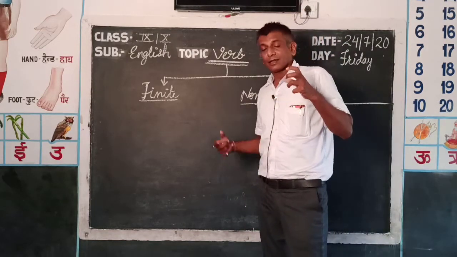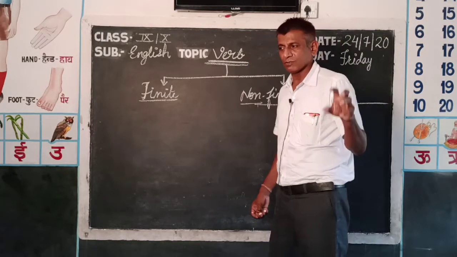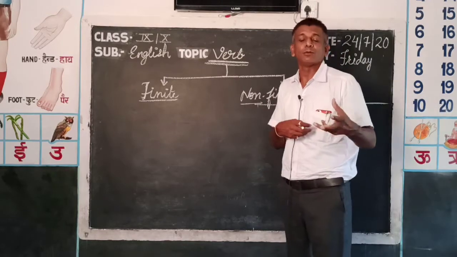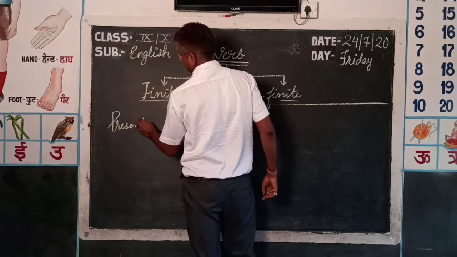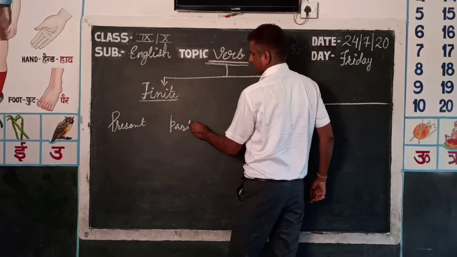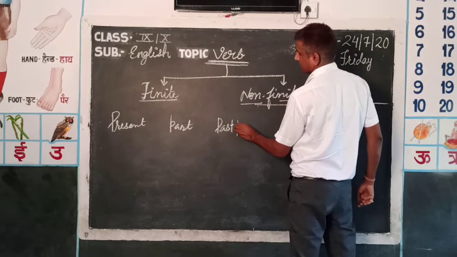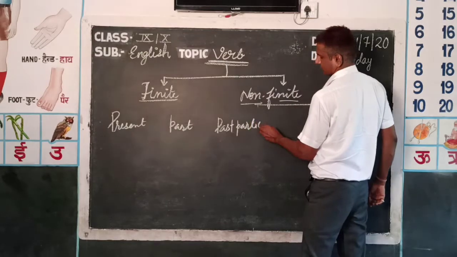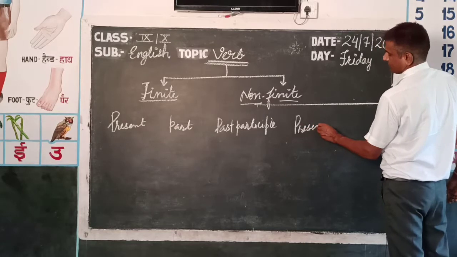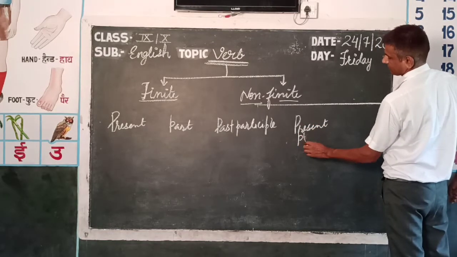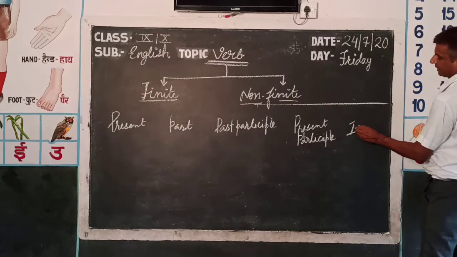Now the students who have studied in my class know very well how many forms there are, and once again I repeat, there are 5 forms of verbs. I write here their names: present, past, past participle, present participle, or infinitive.